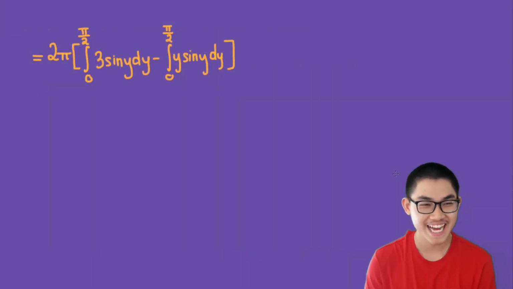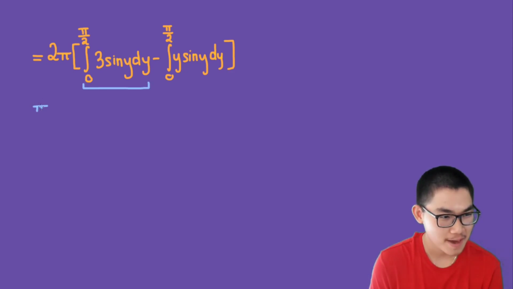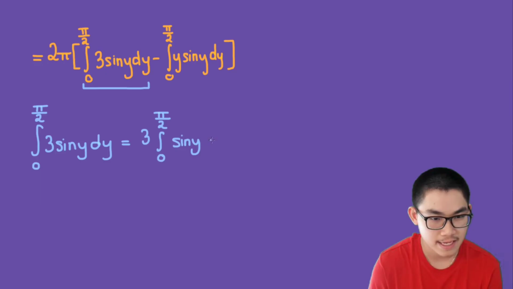We are almost done. The first thing we need to do is evaluate this integral right there. So we have from 0 to pi over 2, 3 times sine of y dy. We can say that this is the same as 3 times the integral from 0 to pi over 2 of sine of y dy, because 3 is just a constant.